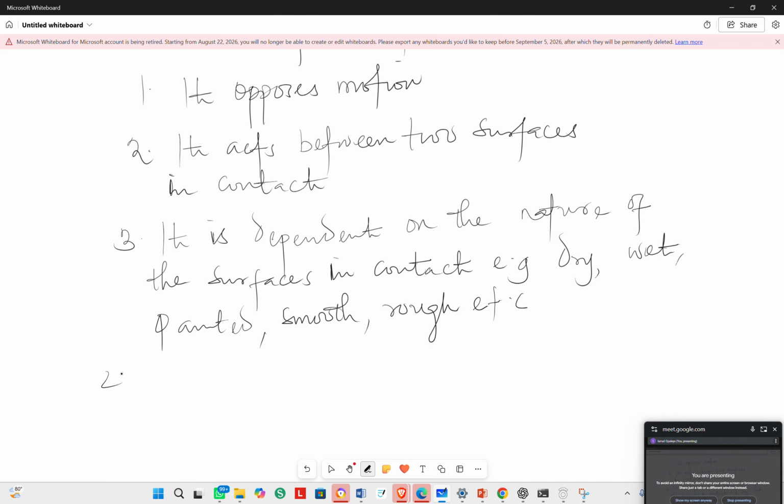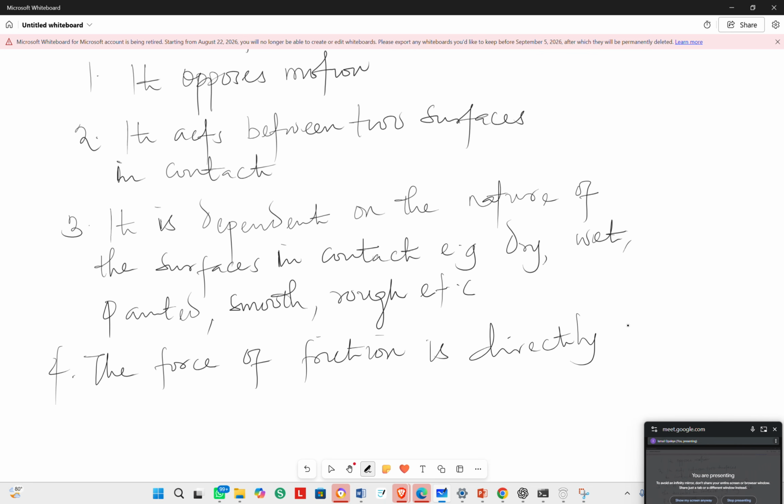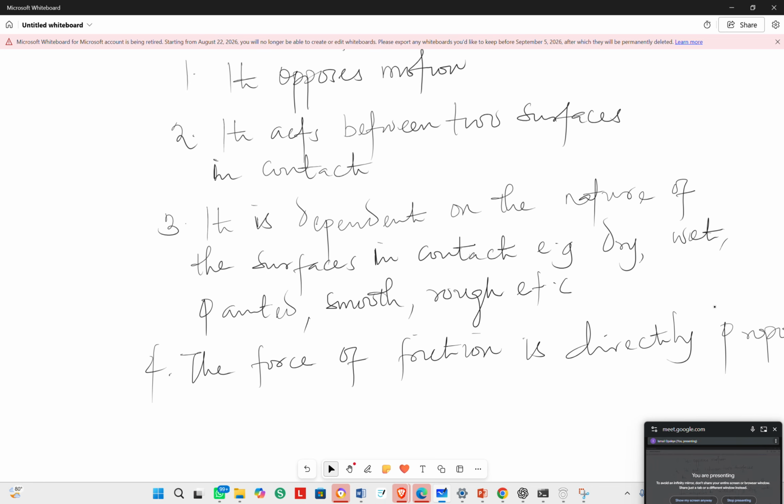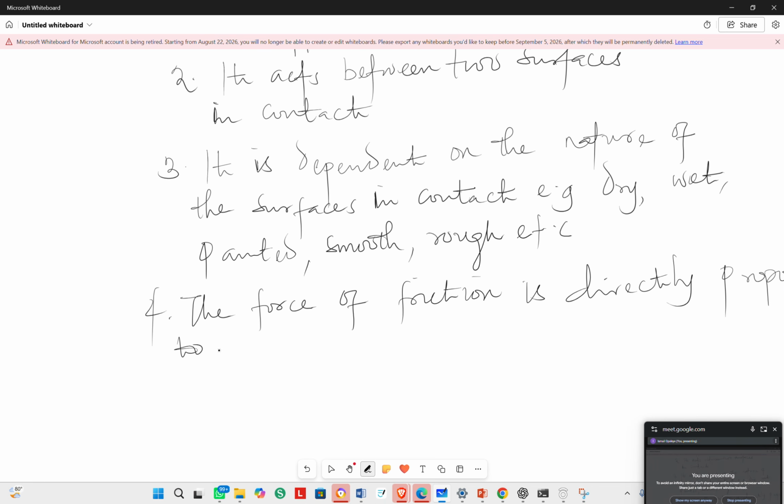Number four, the force of friction is directly proportional to the normal reaction force.